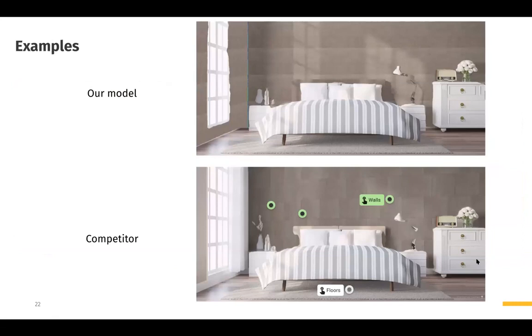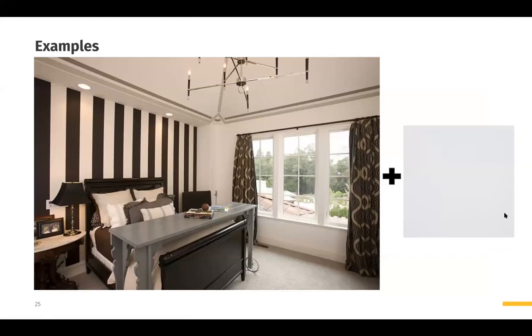And here you can see that our model works fine with it. It was successful in transferring the light from the window, also the shades. But the one that we compared our results with didn't do this. This is a problematic example of a wall with black stripes.